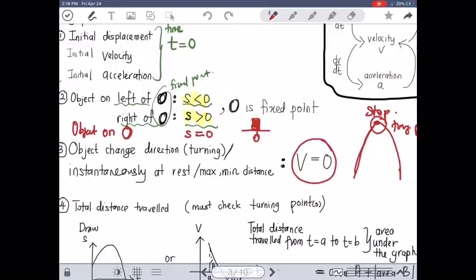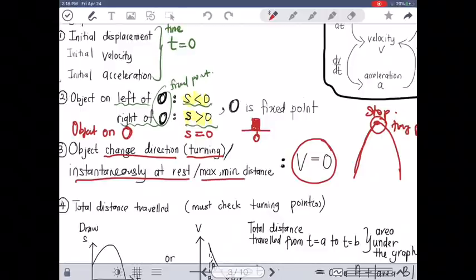So when an object changes direction, or is at a turning point, or instantaneously at rest, or at maximum or minimum distance, v is equal to 0.